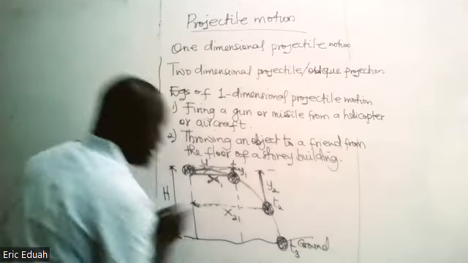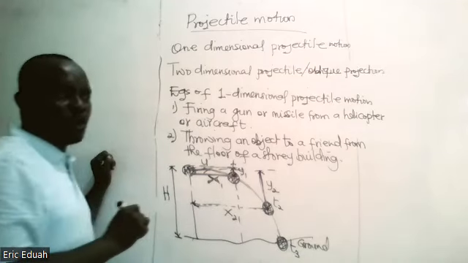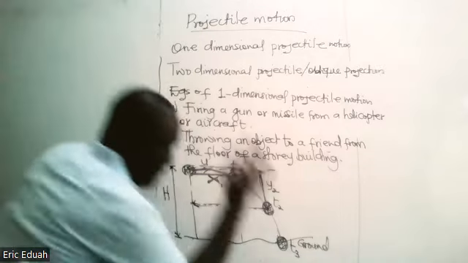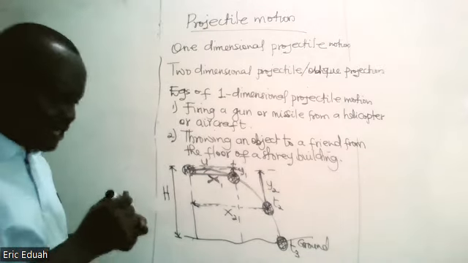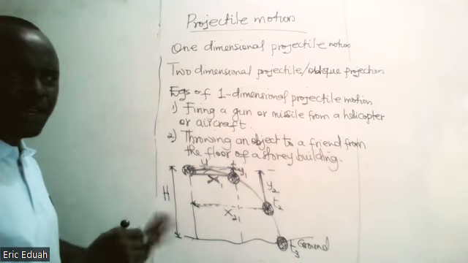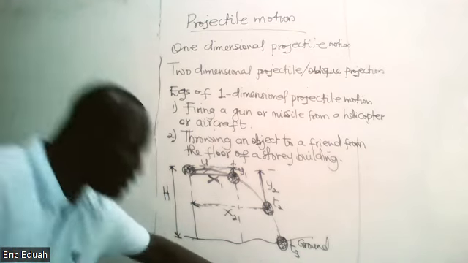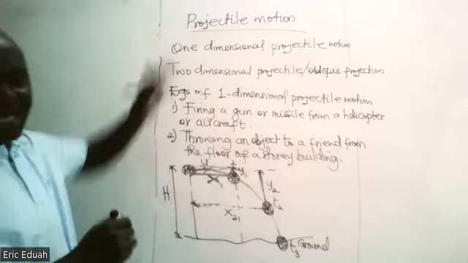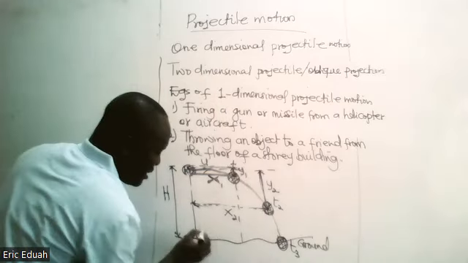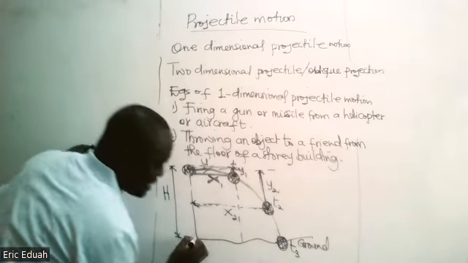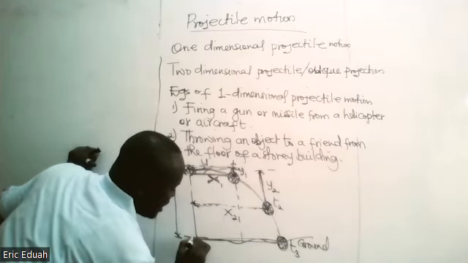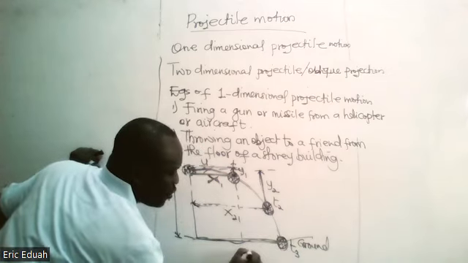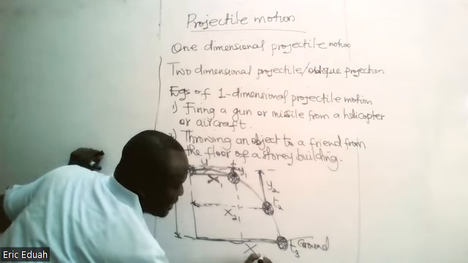x2 is this distance. Then when it finally drops on the ground, what is the object's displacement or distance from the original position horizontally and vertically? Horizontally, we realize that it will cover this distance, which we'll call x3.